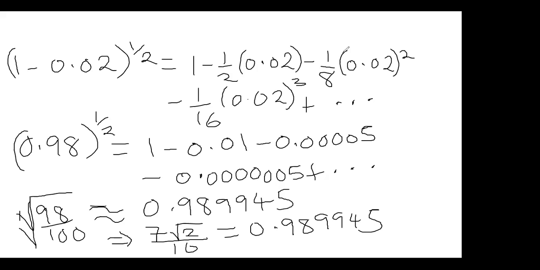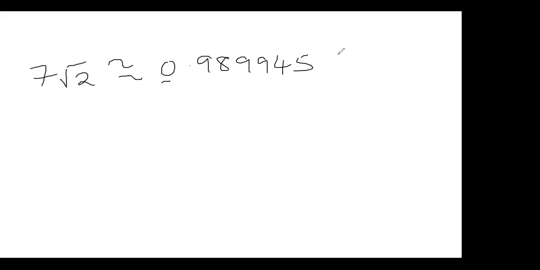What do we get? So from there we're finding that 7 root 2 is approximately equal to 0.989945 multiplied by 10.